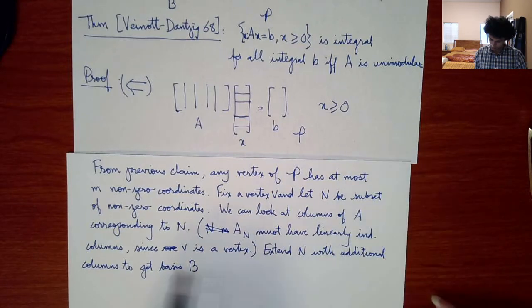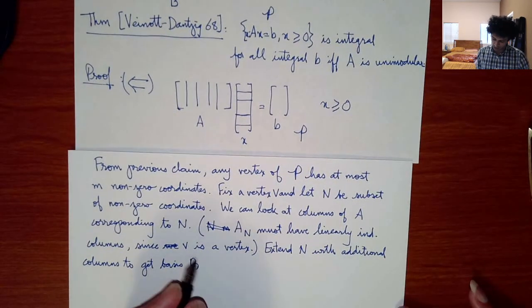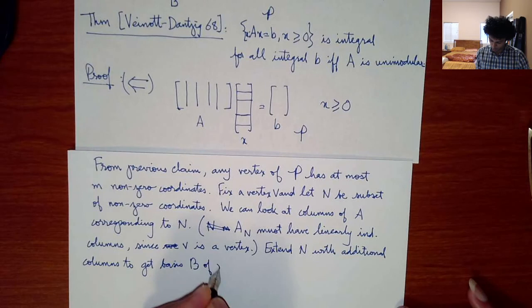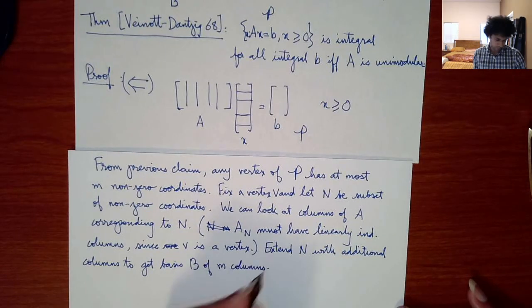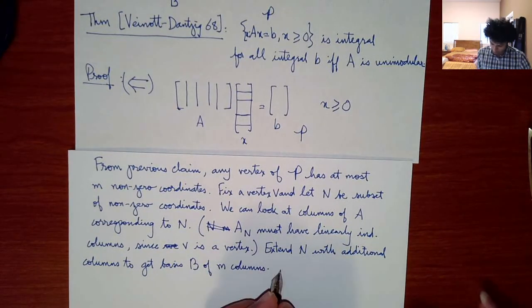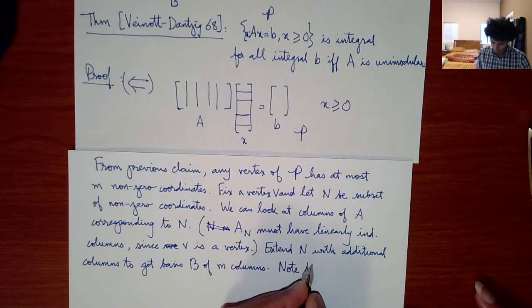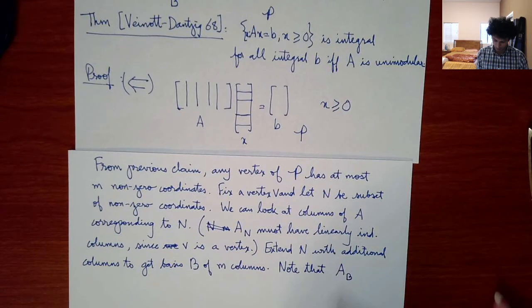So we can extend N to get a basis B of m columns. Now note that A_B times V must be equal to b.